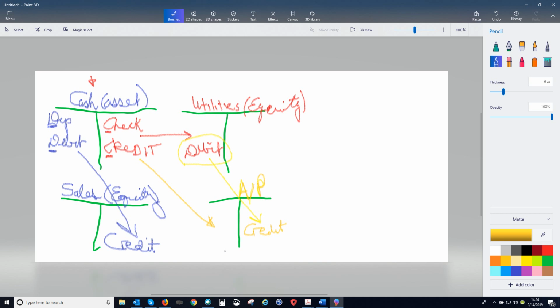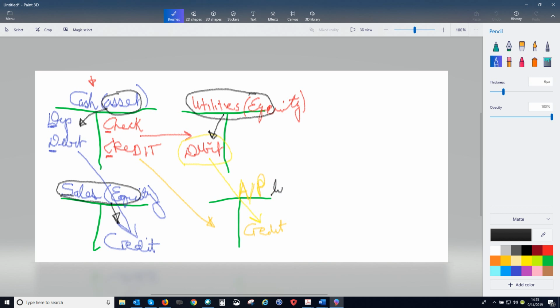So now we have most of the basic accounts and how each one is impacted. Note, assets are increased with a debit. Expense equity items are increased with a debit. Revenue equity items are increased with a credit.